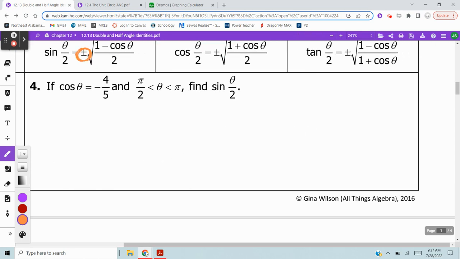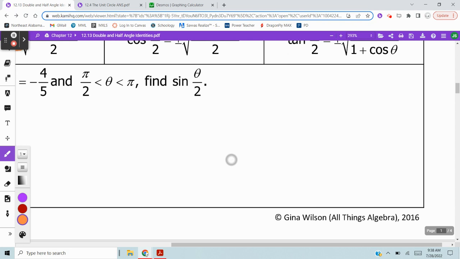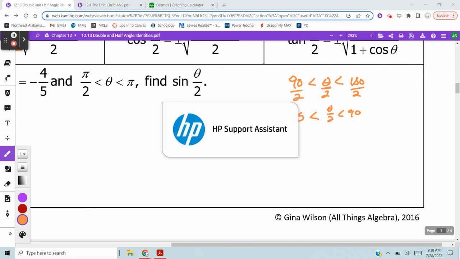Let's say that I give you an angle that's between 90 and 180 degrees. When you half that angle, it halves where it's at. So if you were to take all three of these values and half all of them, if you have an angle between 90 and 180, half of that angle would be between 45 and 90.